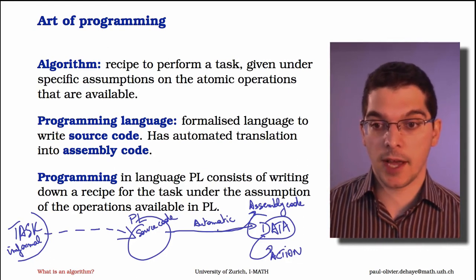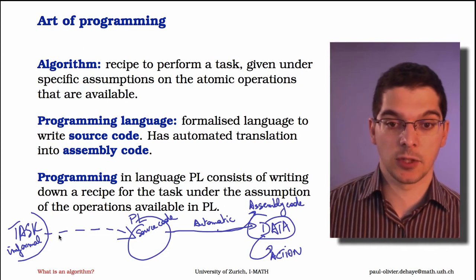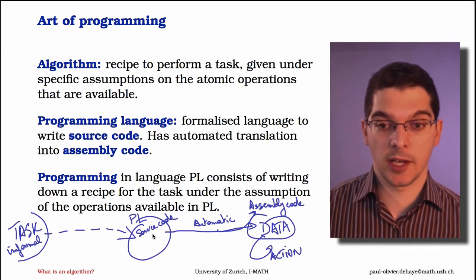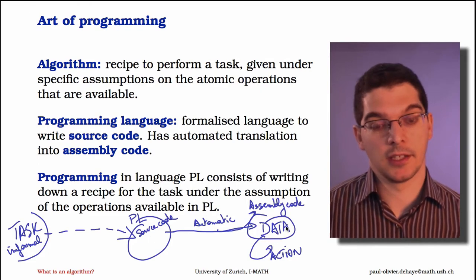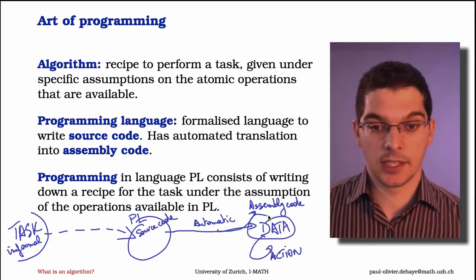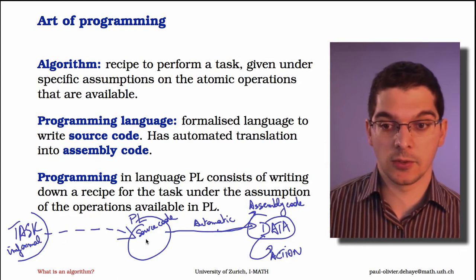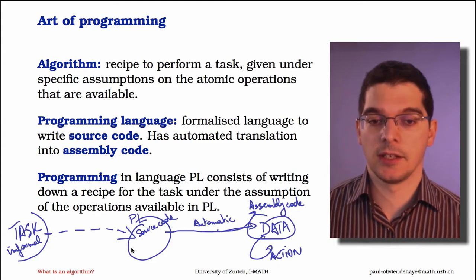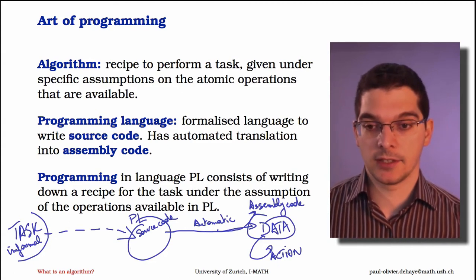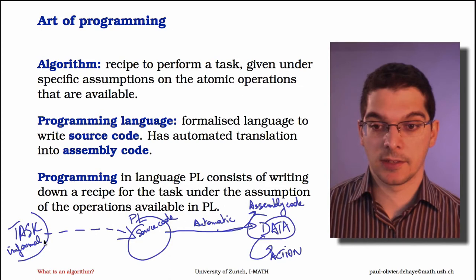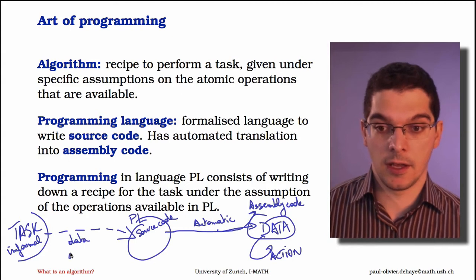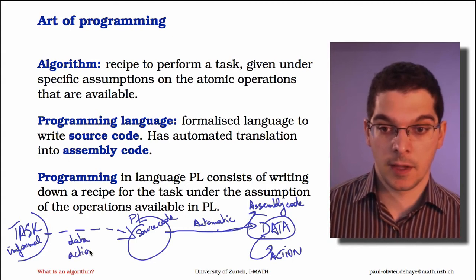Now, if you look at the task that has to be translated into source code by a human and then automatically translated into data and actions on the data, you see that at some point, this translation that the human has to do is not just a translation of the actions on the data, but also on the data. So this is an important aspect, that this programming task always requires to specify how the data is encoded and what the actions are.